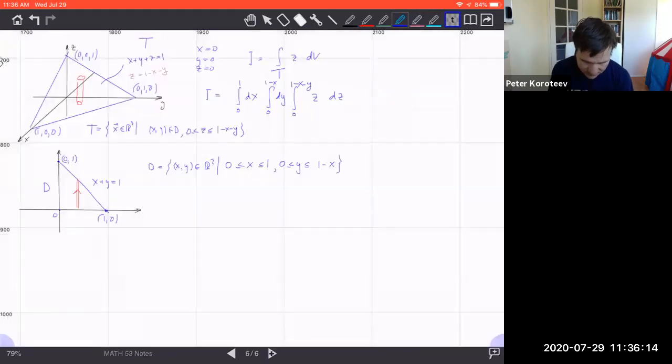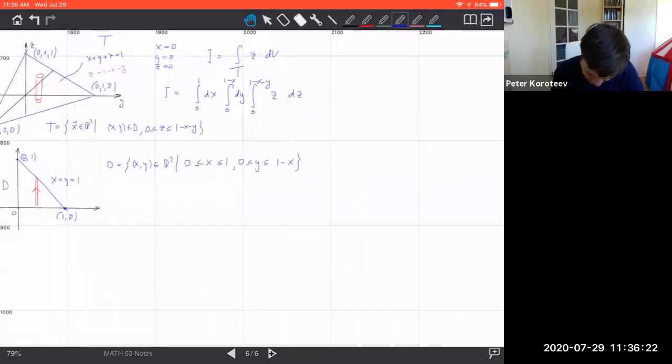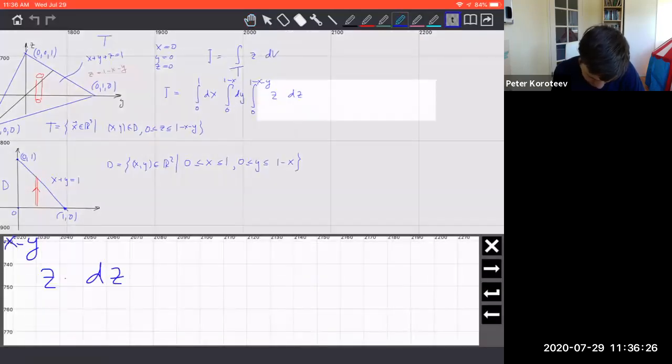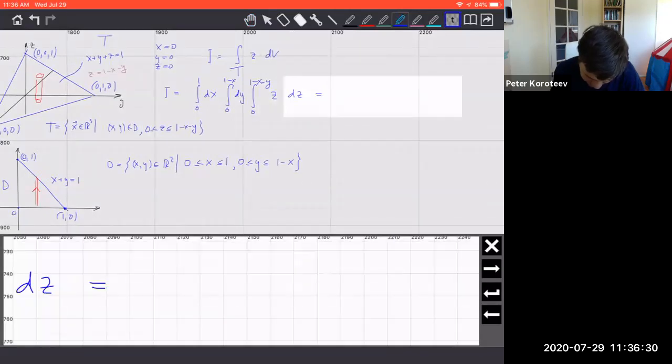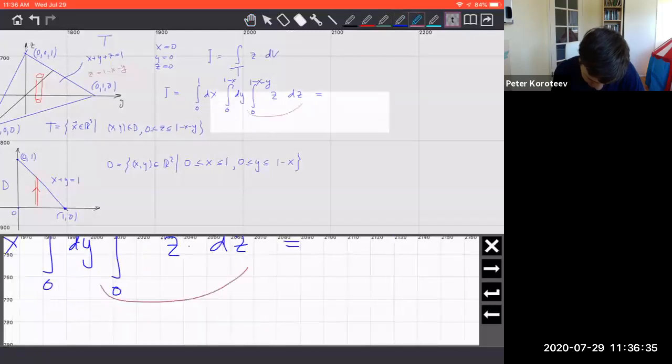So we have set up the integral according to the last rule. And let's calculate it. The inner integral will be equal to z squared over two, between 0 and 1 minus x minus y.